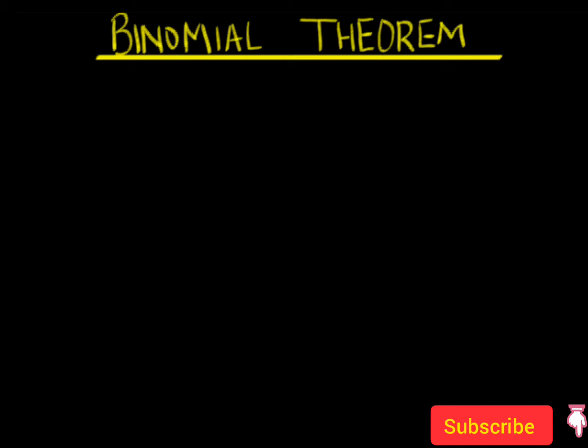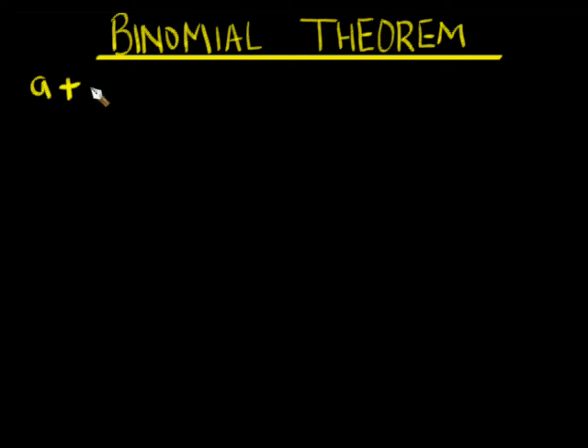Now, the binomial theorem is a theorem that helps us to evaluate the algebraic expansion of the powers of a binomial. Suppose we were given (a + b) squared, and we're told to expand this expression.